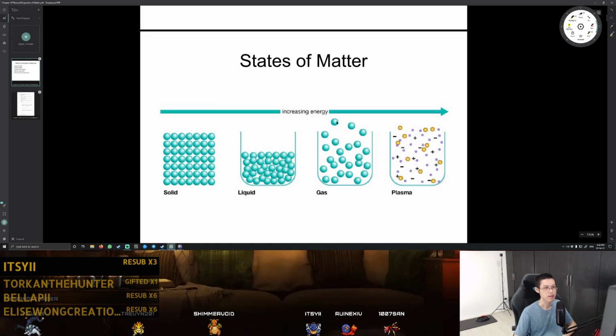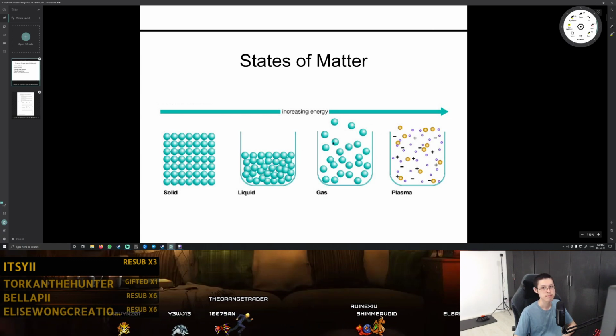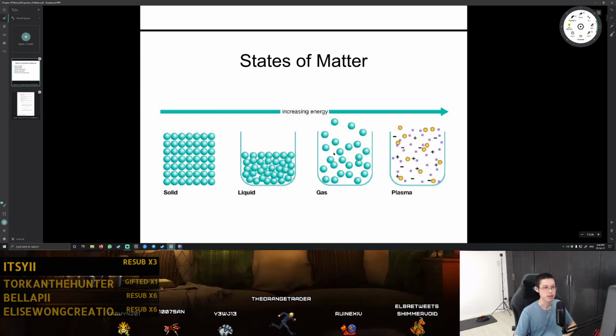Gases have very large kinetic energy for each particle, but very low potential energy. So what exactly does potential energy mean when you're talking about the microscopic state of matter? You can think of it as the force of attraction between the particles.